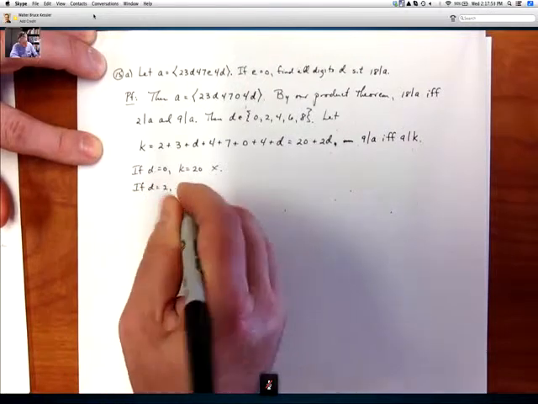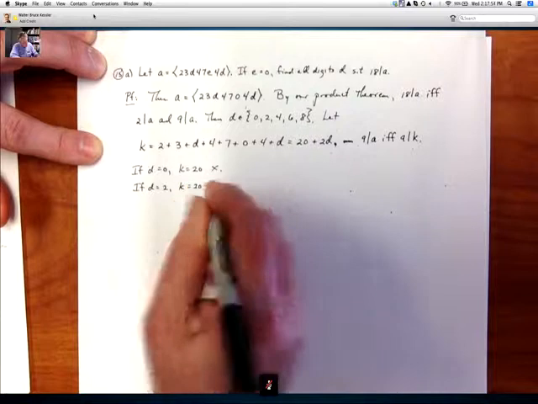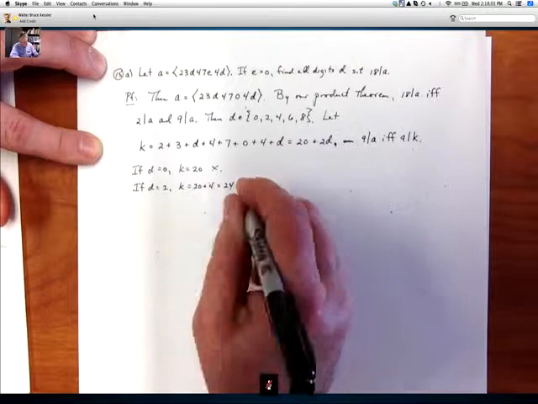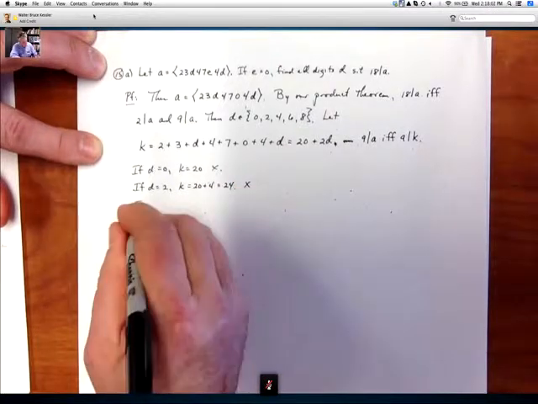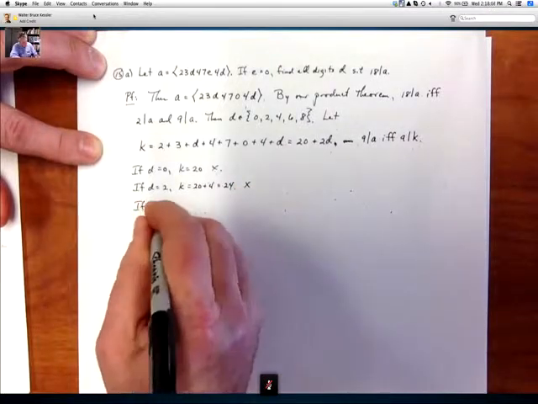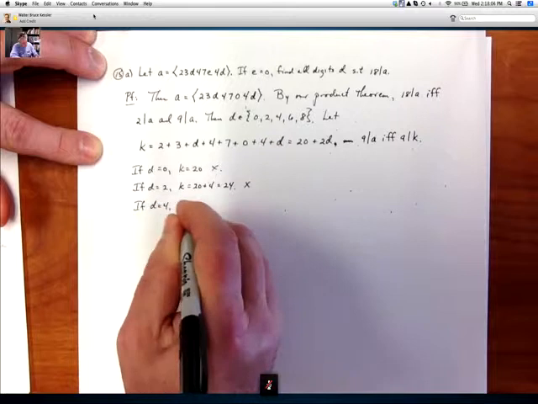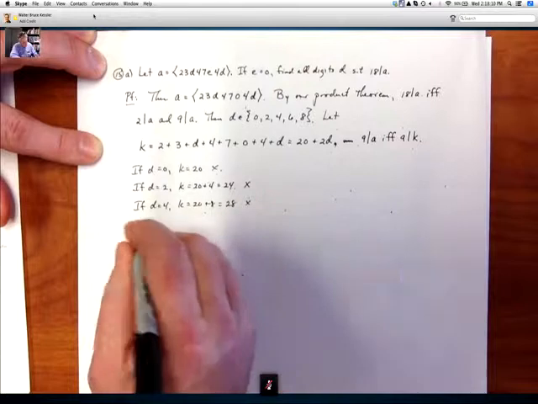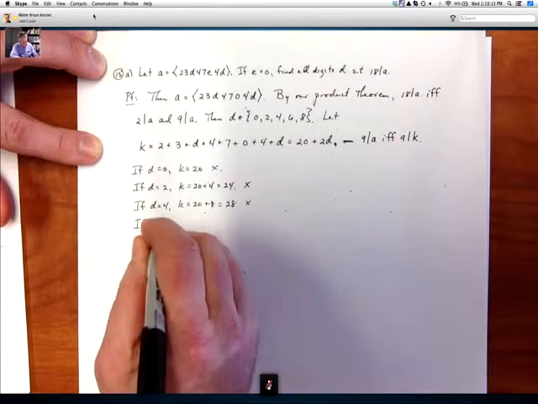If D is 2, then this is 20 plus 4, or 24. Doesn't work. If D equals 4, K here is 20 plus 8, 28, doesn't work.